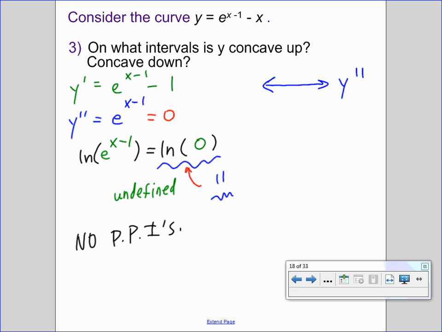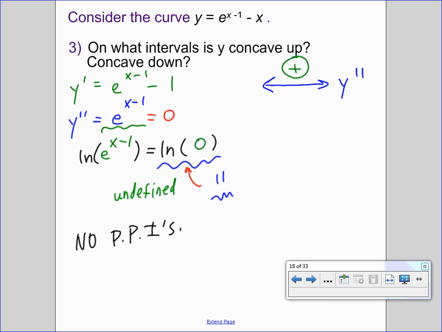For all x, y double prime is what sign? Well, let's plug in any x value. I'm going to plug in 2. When I plug in 2 to my y double prime expression, I get e to the 2 minus 1, which is e to the first, which is e, about 2.7. Is that positive or negative? Positive, indicating that y double prime is positive for all values of x, which means that y is what?